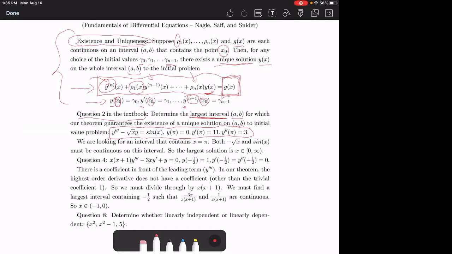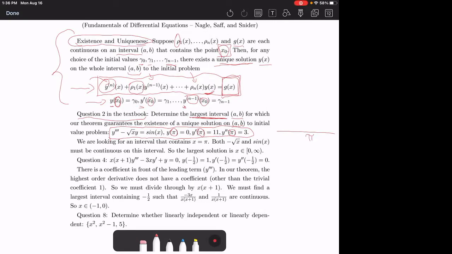So we want to find some values of x on this number line where this will hold true. Now, let's look at what the theorem says. The interval must contain the point x naught. So here, that point is pi. Pi is the value we're plugging in for all these initial values.